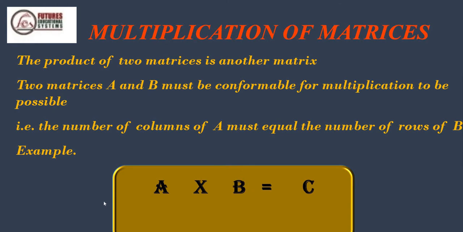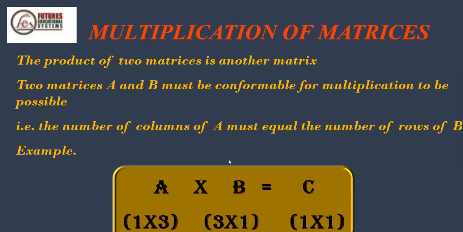If we have two matrices A and B, to multiply A and B, we check: the first matrix is 1 by 3. The second matrix starts from 3, meaning the first matrix has 3 columns, so the second matrix must have 3 rows.